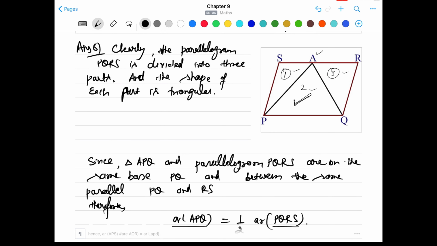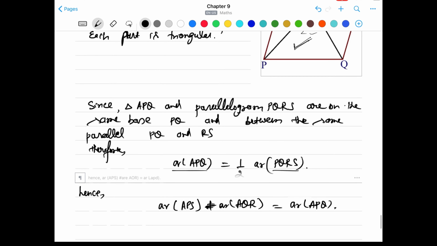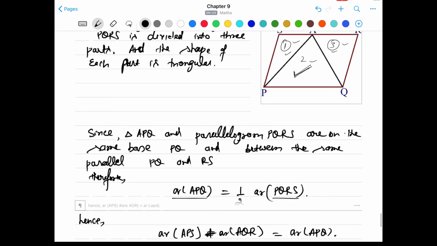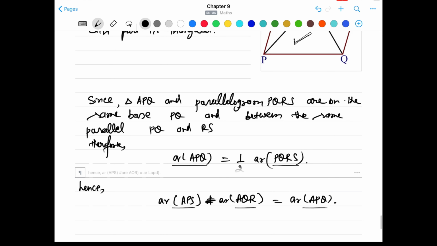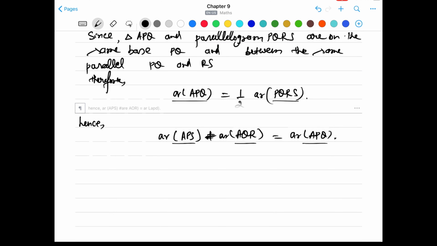Okay, as this triangle is half of the parallelogram, therefore the remaining two will be the other half of the parallelogram. Okay, that means the area of this triangle APQ will be equal to the sum of the areas of the other two triangles. Okay, so the farmer can sow the wheat in these two triangles and then pulses in this one, or she can sow pulses in these two triangles and wheat in this one.